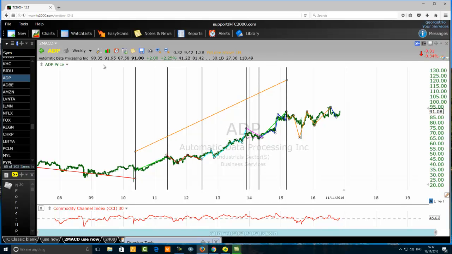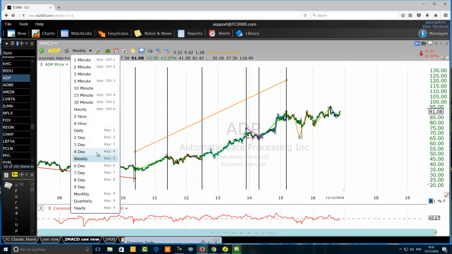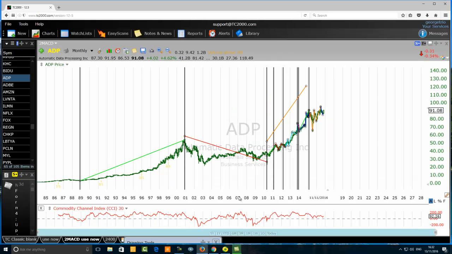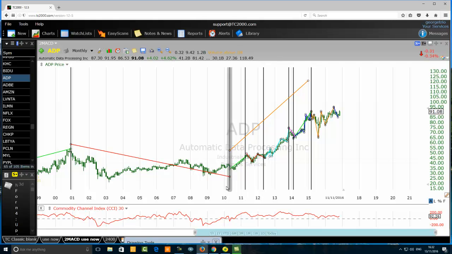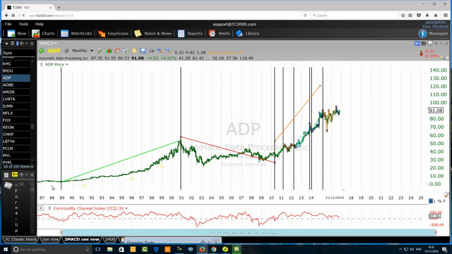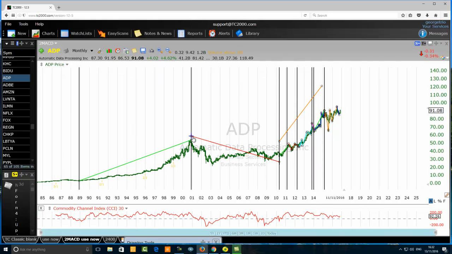Oops. All right. Let's go back one more time. We are on the weekly chart. That's why we can see it. I thought we were on the monthly chart. So here we are. On the monthly chart, you can see that we have the first wave, which was a long trending first wave, followed by the second wave, which is 1, 2, 3 for the bigger cycle.